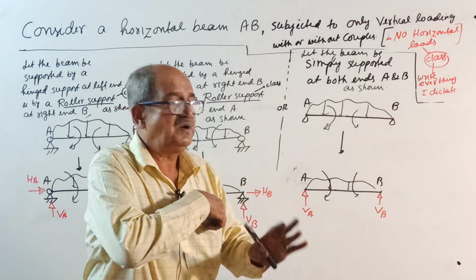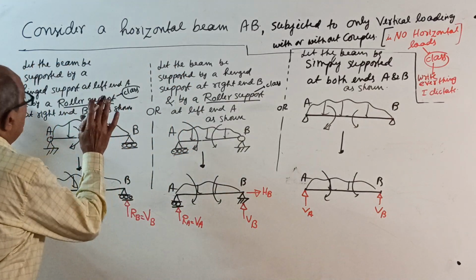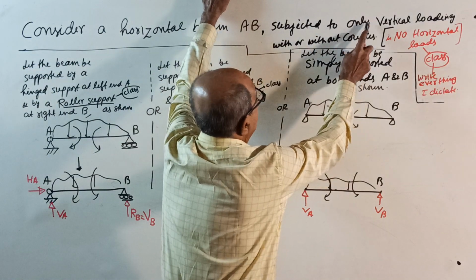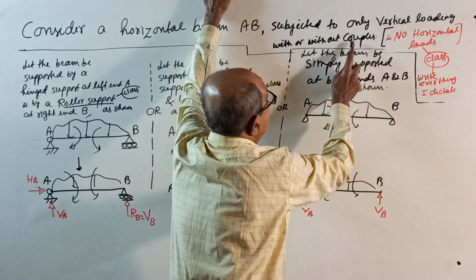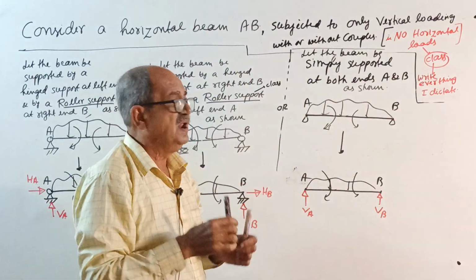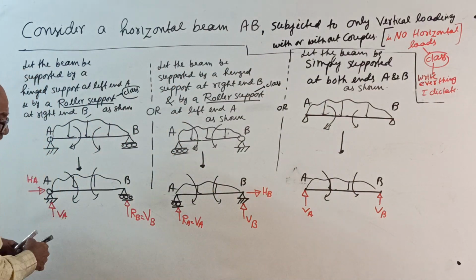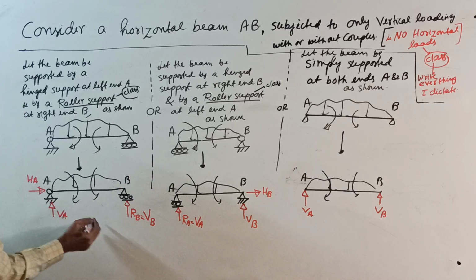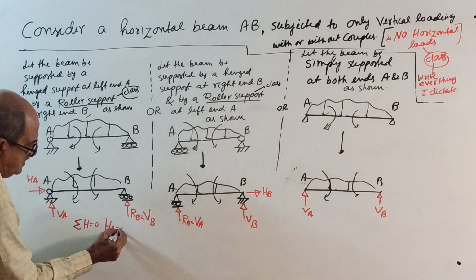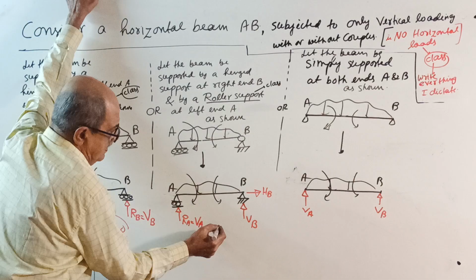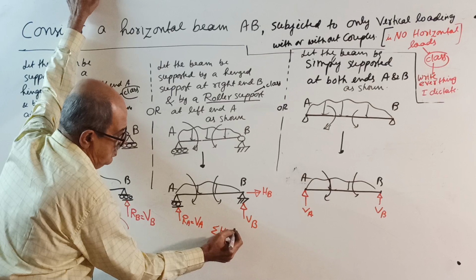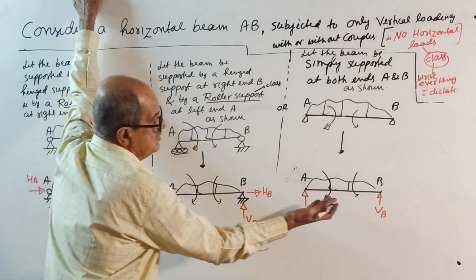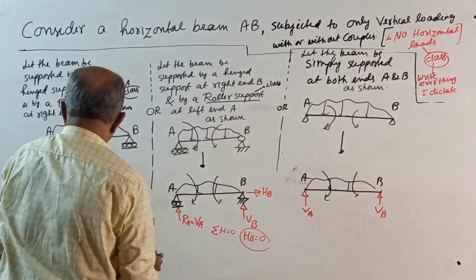Now, make a note, a big note here. I am discussing the case of only vertical loading with or without couple. No horizontal load. Therefore, for this beam, if you apply sigma H equal to 0, you will get HA equal to 0. Here, if you apply sigma H equal to 0, you will get HB equal to 0. And here, there is no HA, HB.